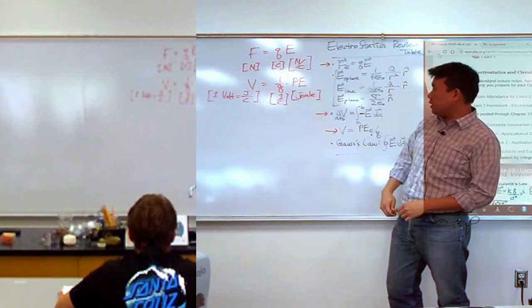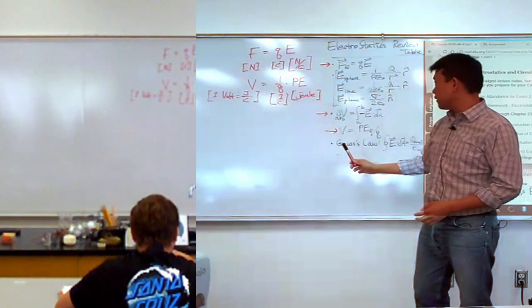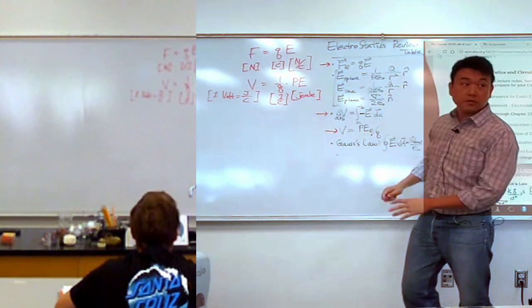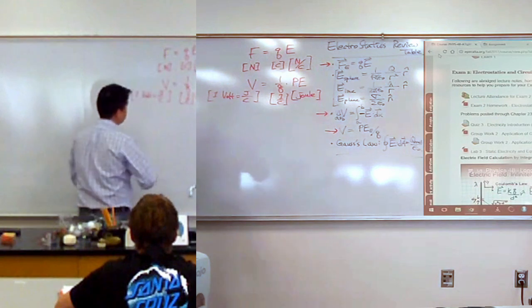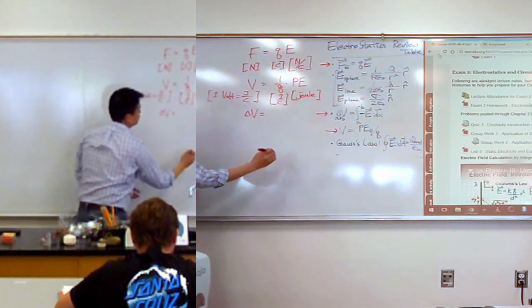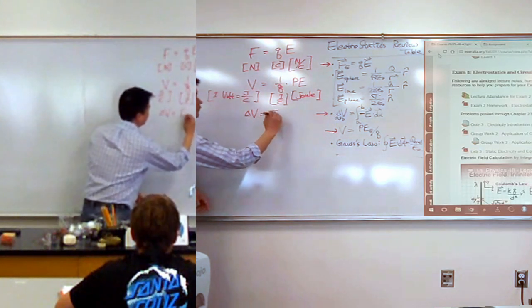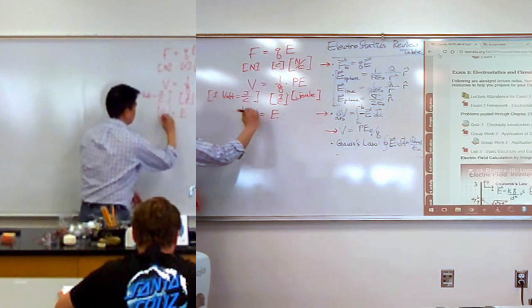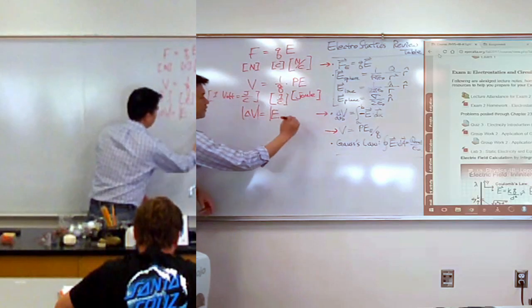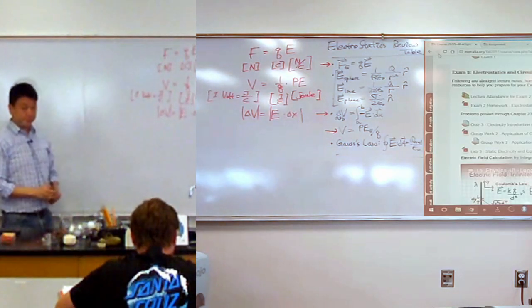Now, the last relationship between units that's common, so it's good for you to know, is the relationship between the unit of electric potential and the unit of electric field. That is based on this relationship here. Change in voltage is equal to, I'm just going to forget the minus sign, electric field times absolute value of change in distance, right?